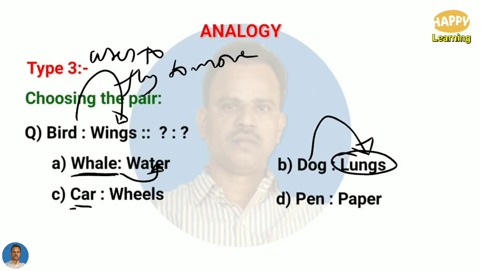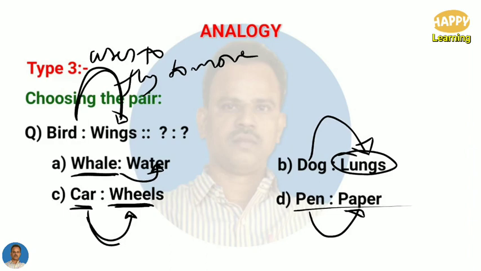A car has wheels and a car moves from one place to another using its wheels. As the wheel rolls, the car can move. Pen is used to write on paper. This is not the relation. So as a bird has wings to fly, a car has wheels to move. So C is the correct answer.